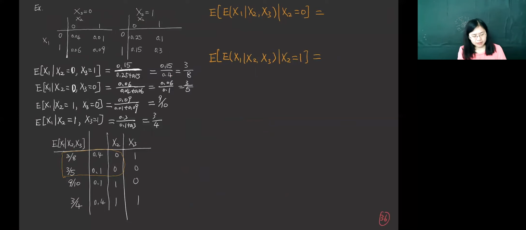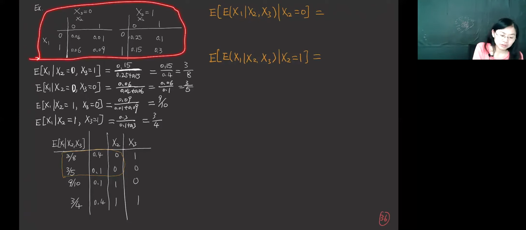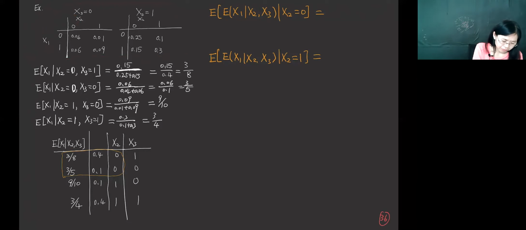Here is an example where we illustrate the law of iterated conditional expectation. The example is taken from the example we gave at the beginning of the video. This is the joint probability mass function of three random variables, x1, x2, and x3.